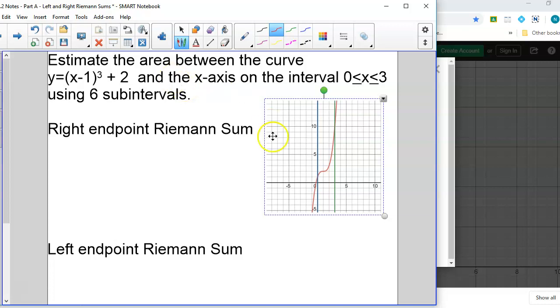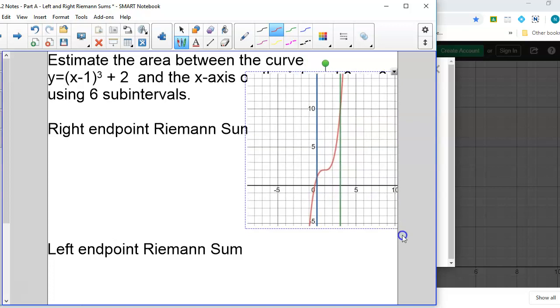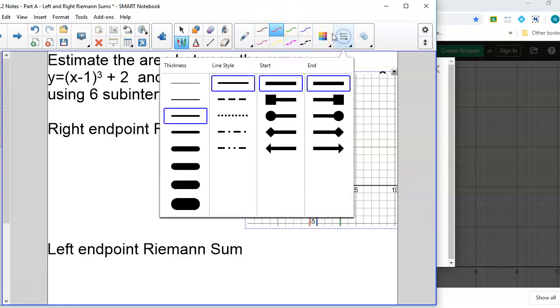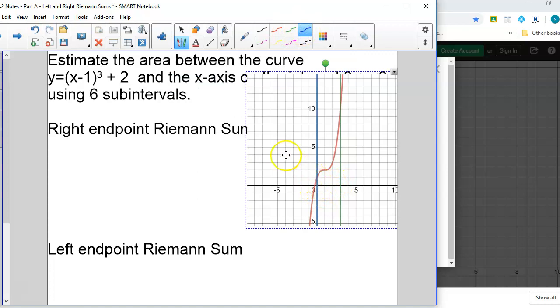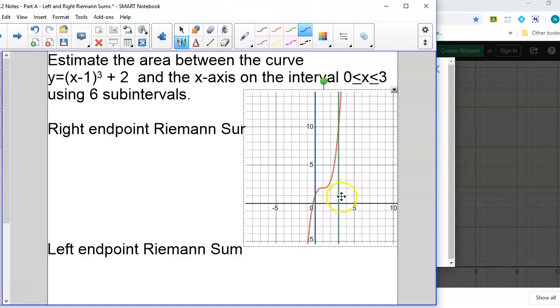Something a little interesting about this right here: our right endpoint Riemann sum. If I take this, let me change this where it's thin. It told me I've got to use 6 sub-intervals. So if I'm using 6 sub-intervals from 0 to 3, that means I'm going to have to split each one of these right here in half.